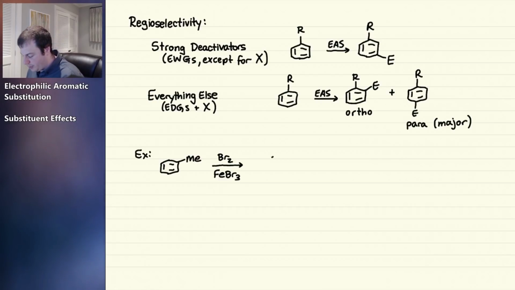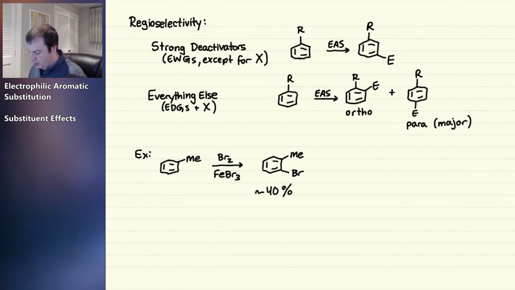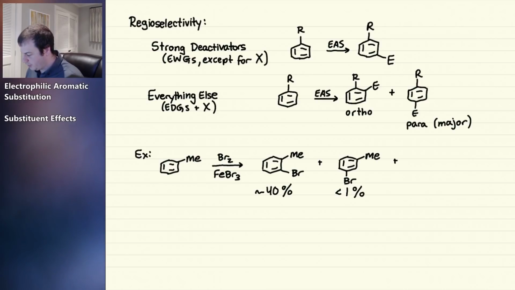Well, the actual experimental results are we will add 40% to the ortho position, plus we would get less than 1% of meta, and then we would get about 60% para.